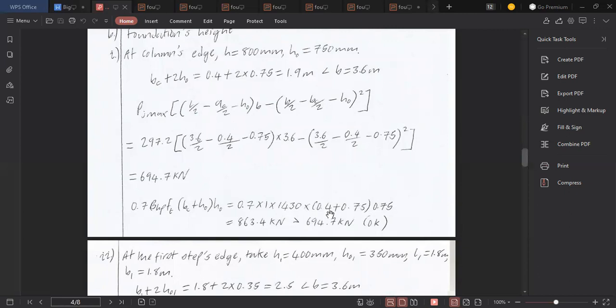This should meet the condition that this value should be greater than the value we found from the previous calculation. If it is, it qualifies and you proceed to the next thing. If it isn't, we have to change something here.